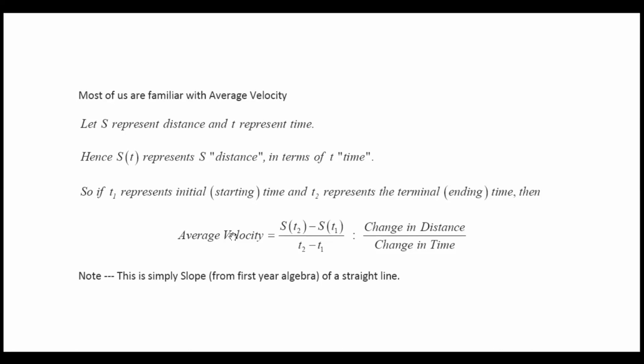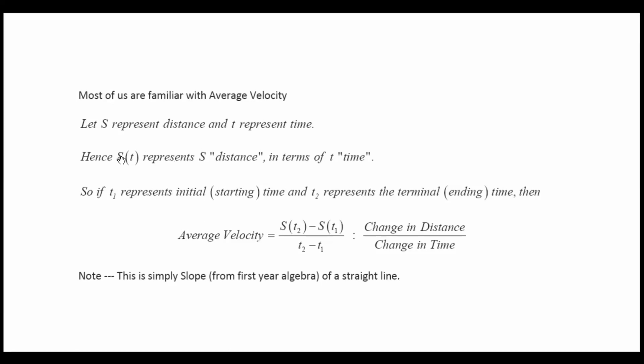And so the average velocity is S of T sub 2. In other words, S of T is your distance function. You're familiar with f of x being a function, f being the equation, x indicating that's the unknown.